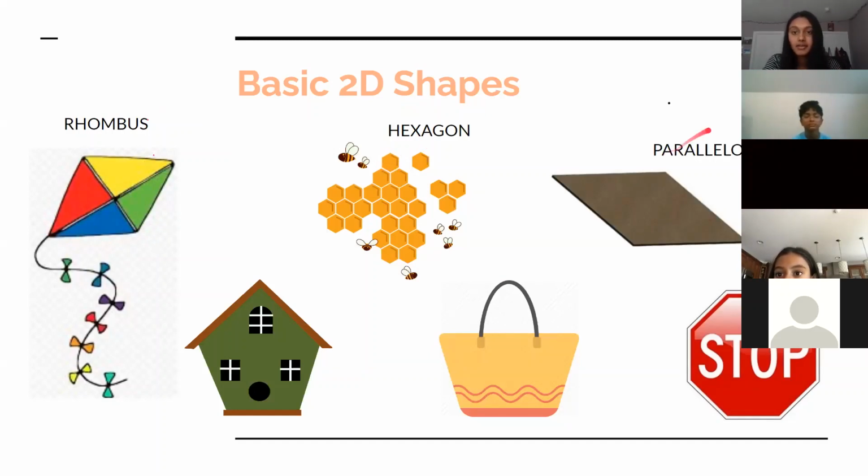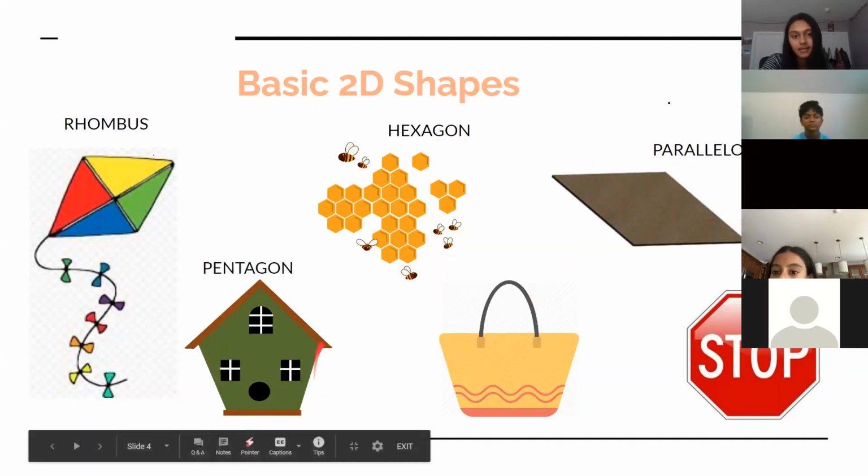We have a parallelogram where 2 of these sides are equal and then these other 2 sides are equal. We have a pentagon, which has 5 sides. A trapezoid, where these 2 sides are the same, right? We have one side and another side. Then this side is longer than this one, but it still has 4 sides.